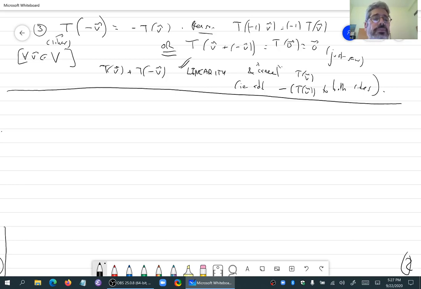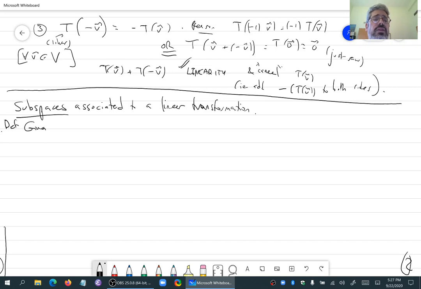Okay, so now let's talk about some subspaces associated to a linear transformation. So let's make this into the definition.